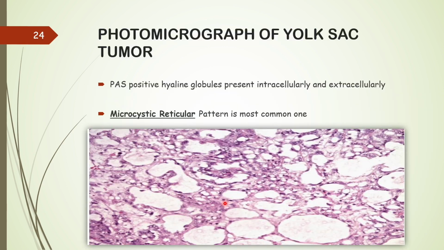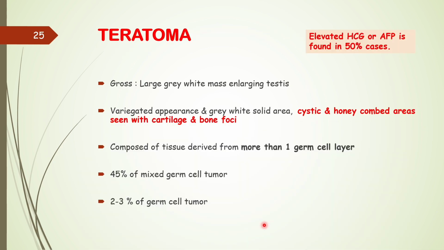And obviously the features of anaplasia will be seen, meaning high N/C ratio, pleomorphism, hyperchromatism, and prominent nucleoli, which are always seen in malignant tumors. And here you can see in this photomicrograph, a microcystic reticular pattern is seen. So this is the Yolk Sac tumor presenting with microcystic, these are the cysts, right? Microcystic reticular pattern.